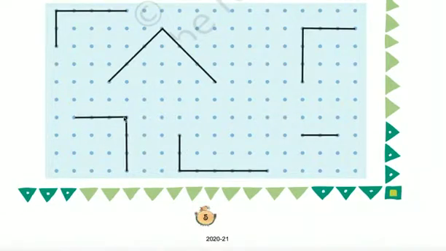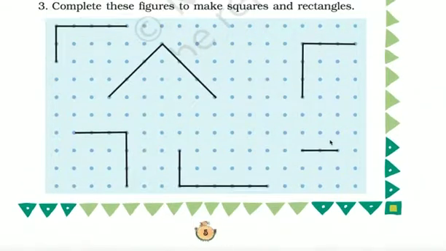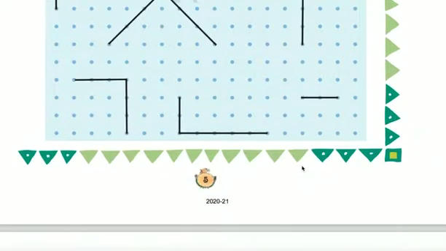And this one, 1 2 3, 1 2 3, 1 2 3, this is also a square. Both sides are equal, right? This is a rectangle. This one you can make either a square or a rectangle, your wish.